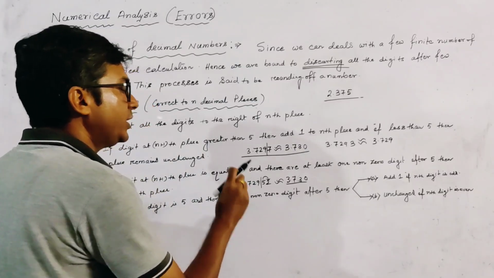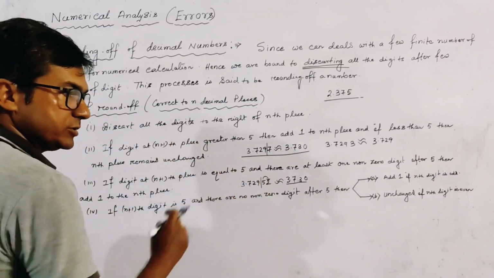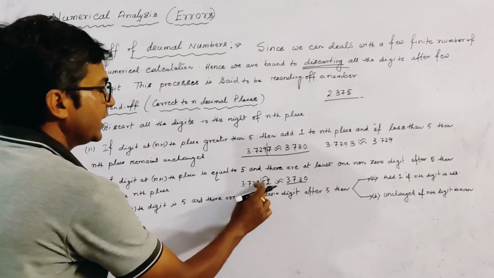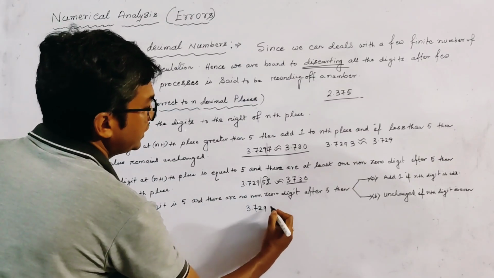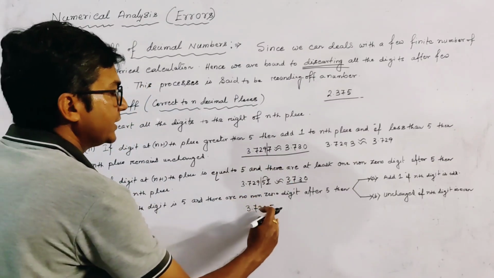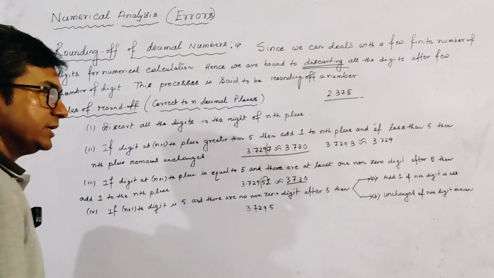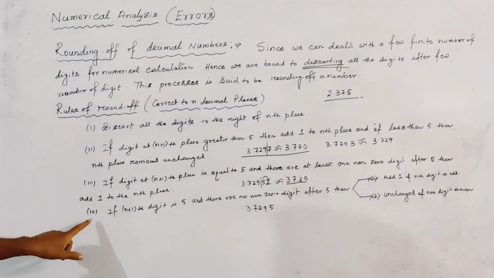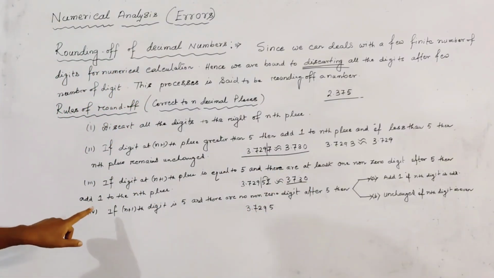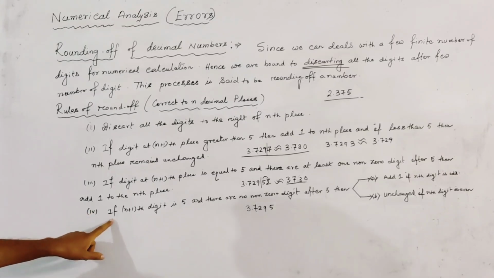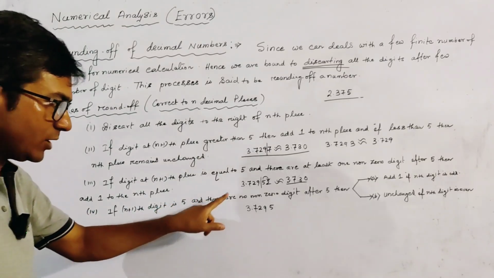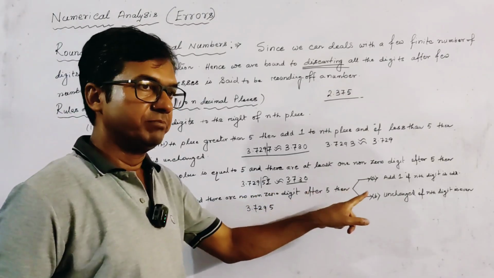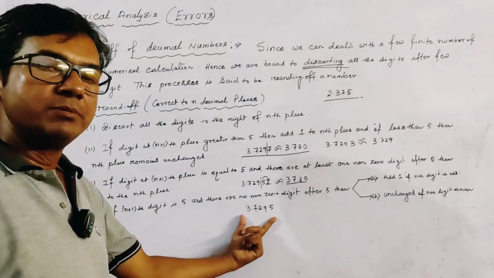But if there is no non-zero digit after 5, okay, here if the number is given by 3.7295 and there is no number after 5, then we go through rule number 4. And rule number 4 says that if the (n+1)th digit is 5 and there are no non-zero digits after 5, okay, this is an appropriate example.